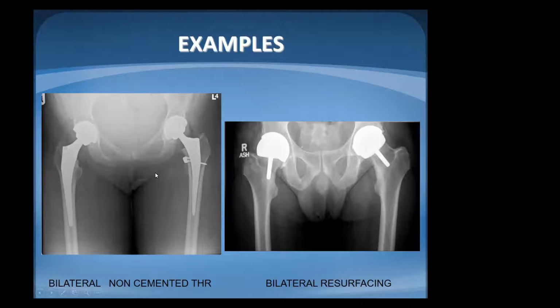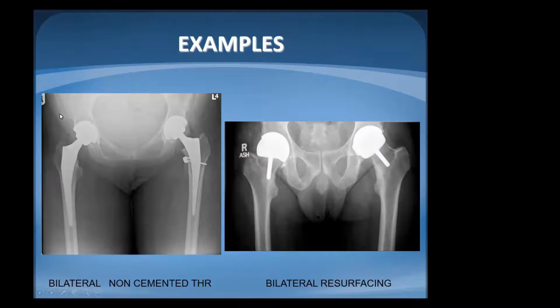Remember, a discrepancy of less than 1 centimeter is generally well tolerated and you don't need to do anything else. Other details: for the horizontal center of rotation, draw a line from here up to here and a line from here up to here. For the vertical center of rotation, draw a line from here up to here.